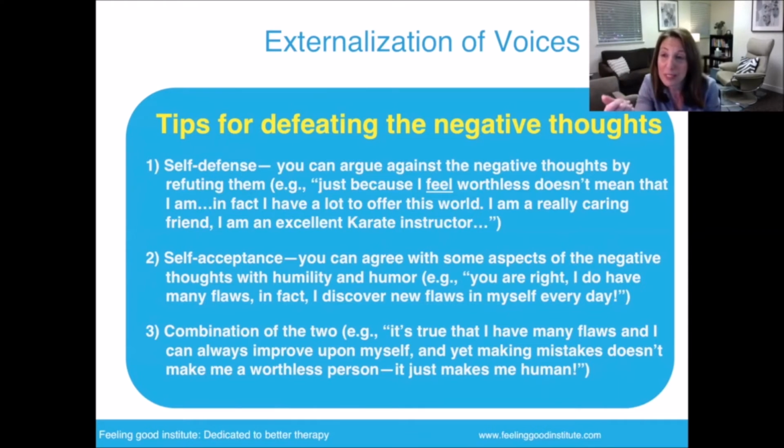I'm able to accept some degree of truth, and I'm also able to put into perspective the real distortion in the thought. So it's true that I do have a lot of flaws, and I could always improve on myself, and yet making mistakes doesn't make me a worthless human being. It just makes me a human being, right? So that's a combination of self-defense and self-acceptance.